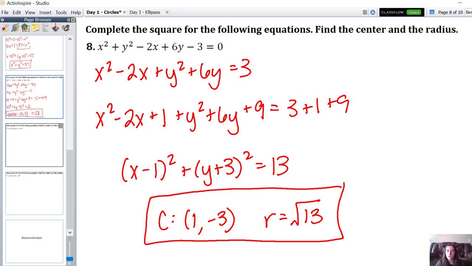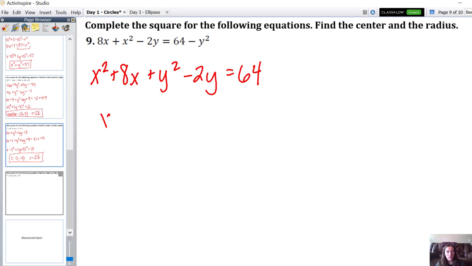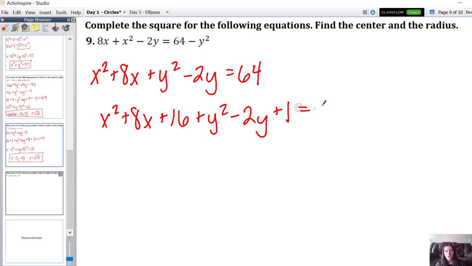Let's look at one more with completing the square. Starting by rearranging, I want x's and y's on the left, constants on the right. So we've got x squared plus 8x plus y squared minus 2y equal to 64. Then I need b over 2 squared. x squared plus 8x plus 16 plus y squared minus 2y plus 1 equal to 64 plus 16 plus 1.